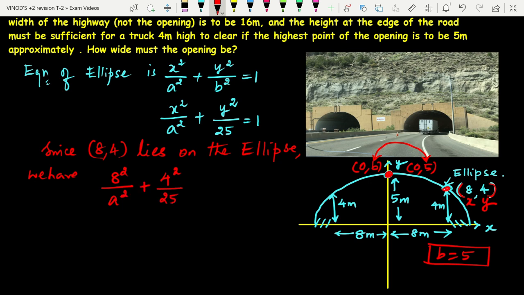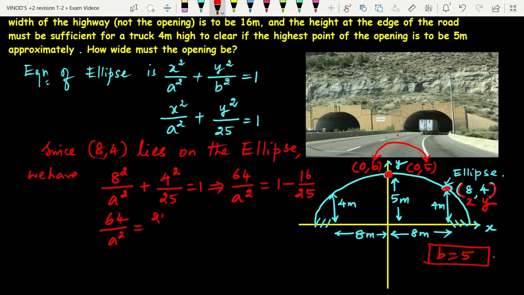So we get 8 square by a square plus 4 square by 25 is equal to 1. From this, 8 square is 64 by a square. Take your 4 square by 25 to the right side. So it is 1 minus 16 by 25.